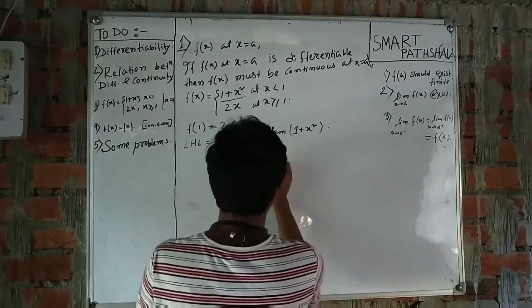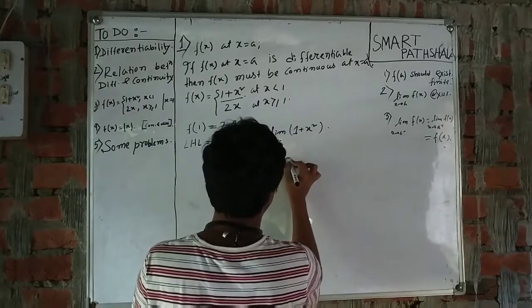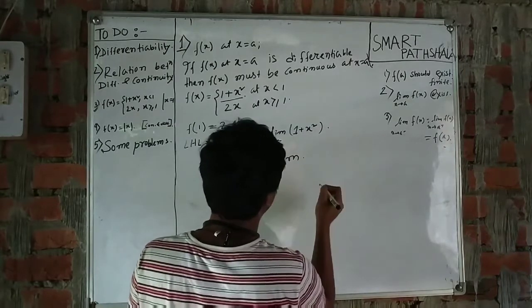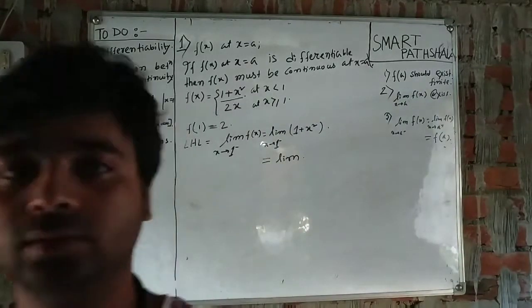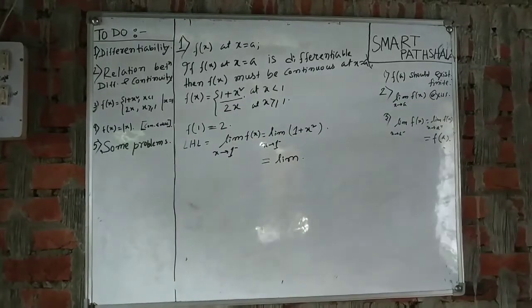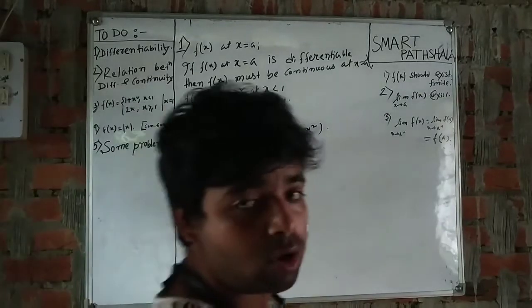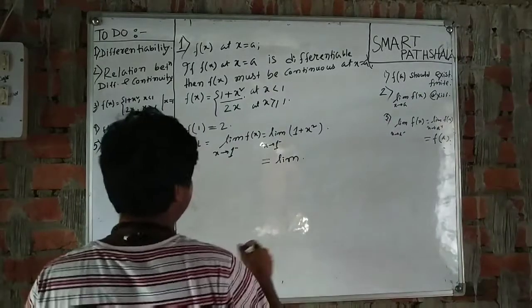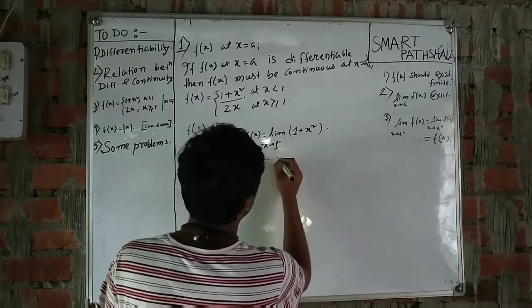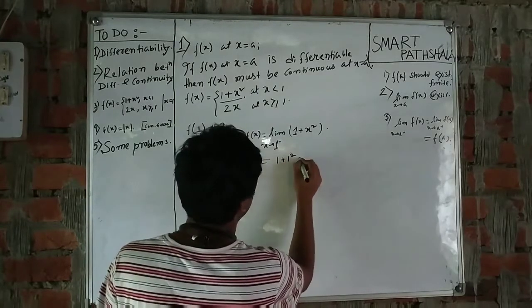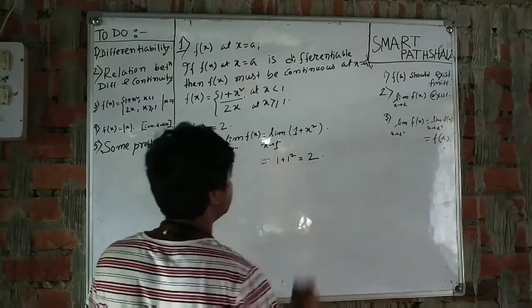Again, if we go with this equation, we'll find that the value of this limiting function is 1 plus 1 square, and that will be 2.